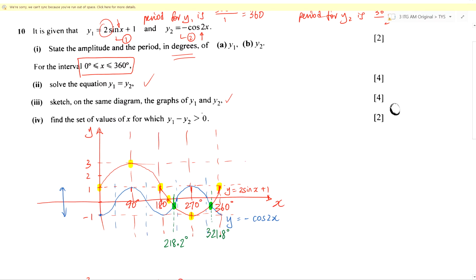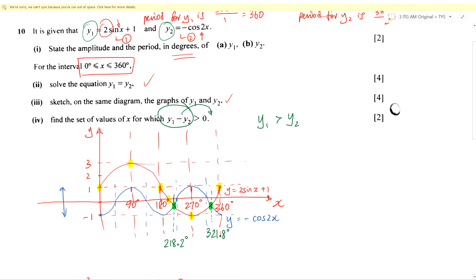Okay, so what exactly does this mean? It means that the y coordinate for the first curve minus the y coordinate for the second curve is more than 0. Another way of saying this is y1 greater than y2.